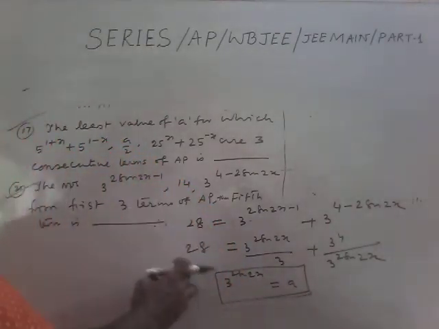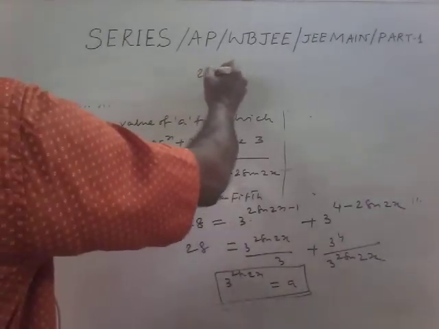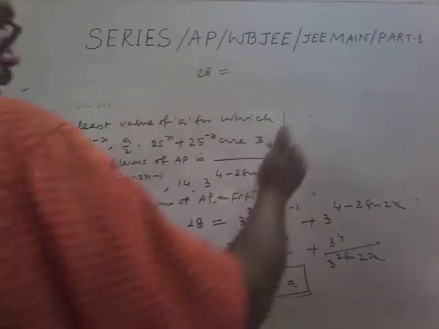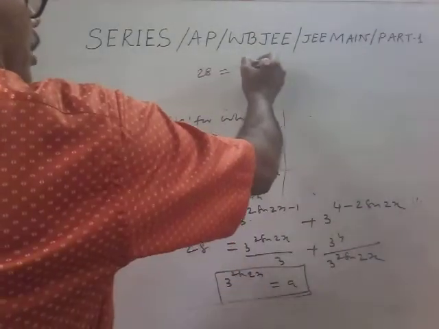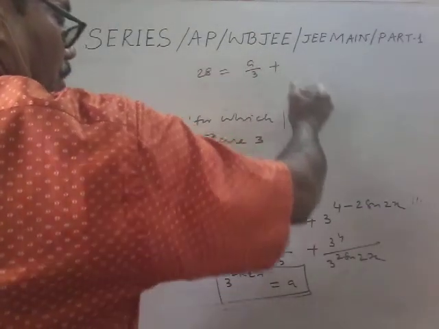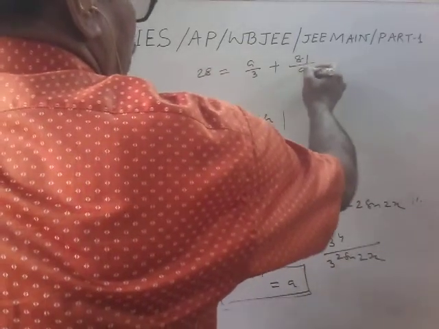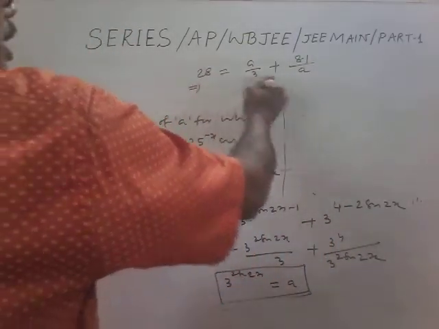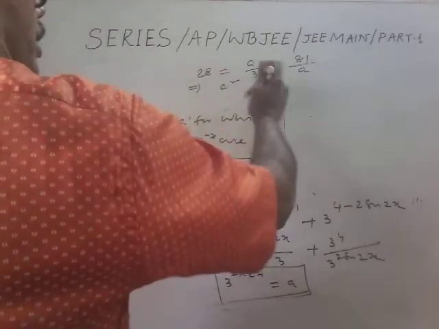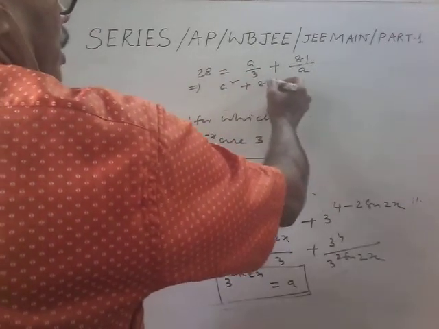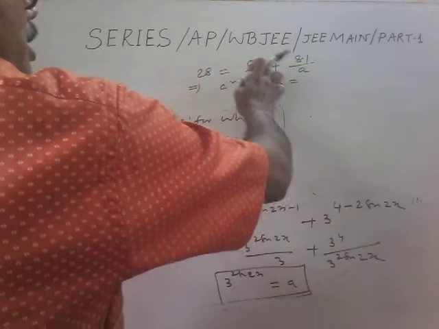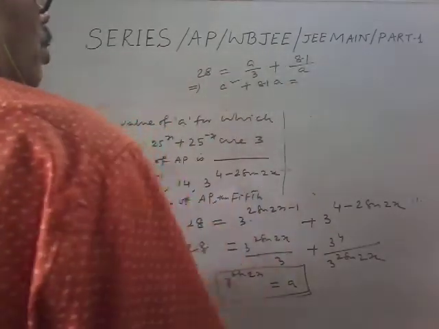So this is a problem of integers. 28 equals a by 3 plus 81, 3 to the power 4 by a. So a square plus 81, a square plus 81a.